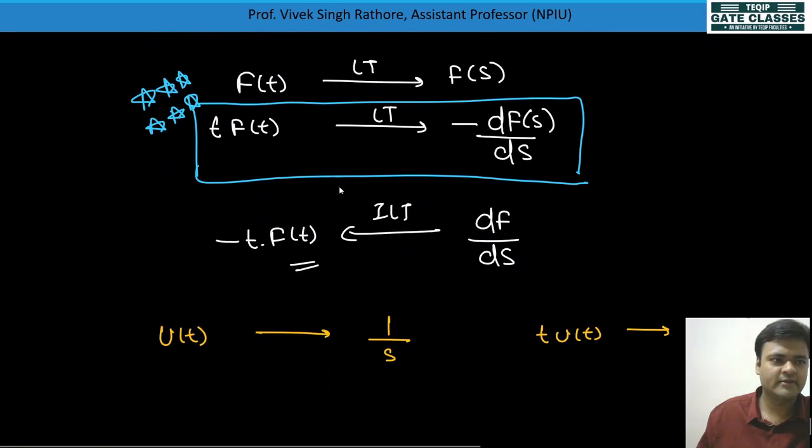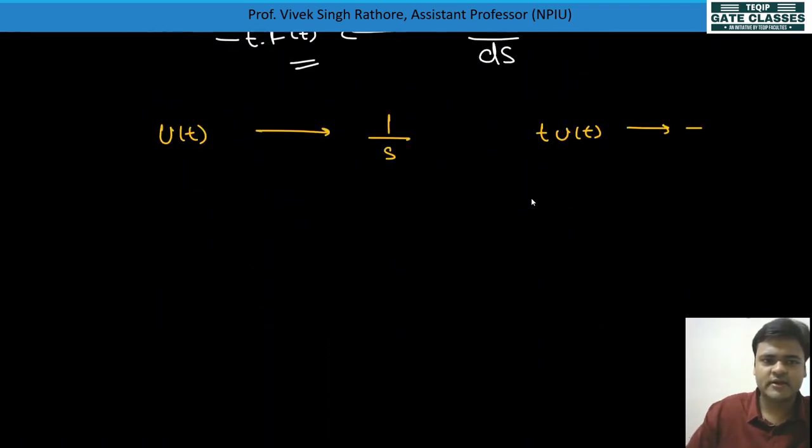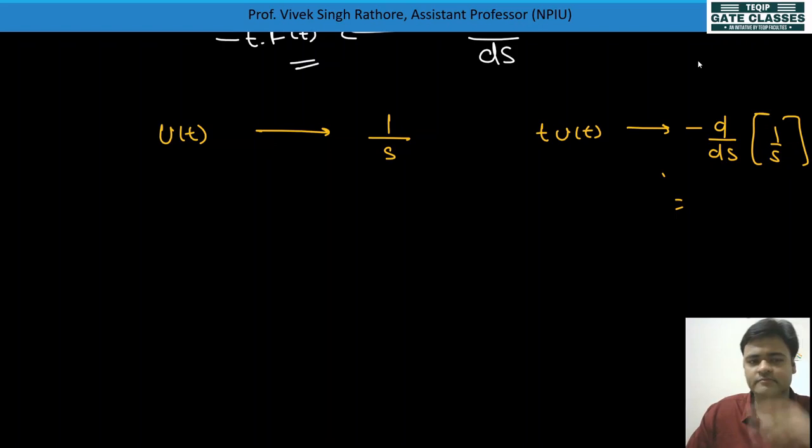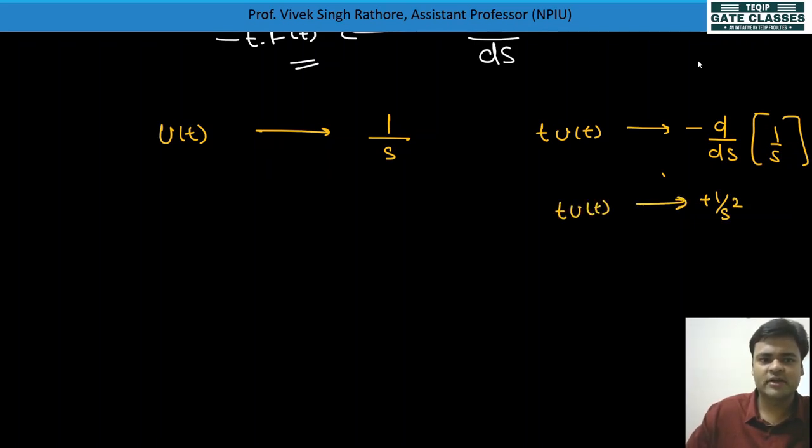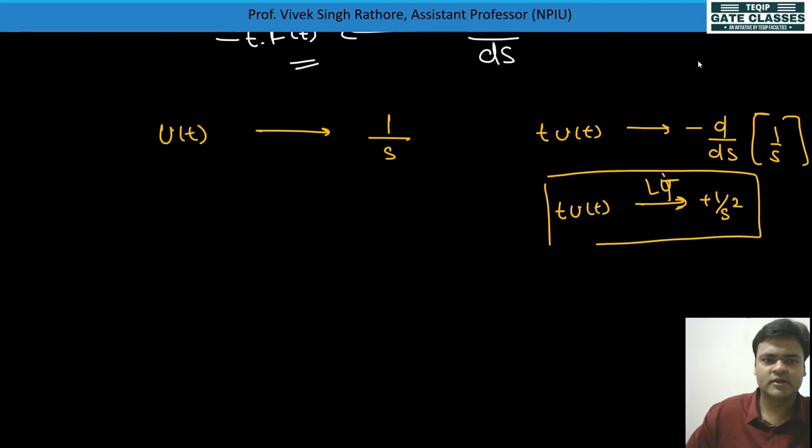So minus d by ds of 1 by s, which we get as minus, minus 1 by s square, so plus 1 by s square. This is the Laplace transform of t u of t. This is important.